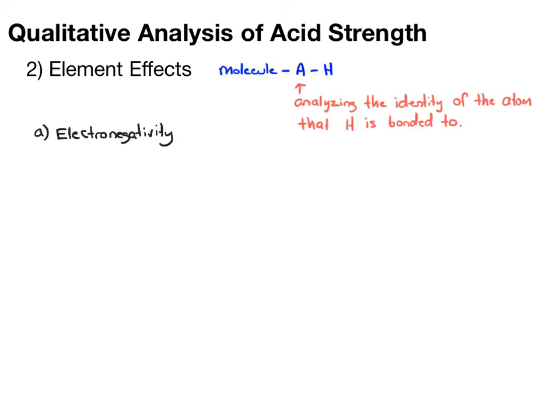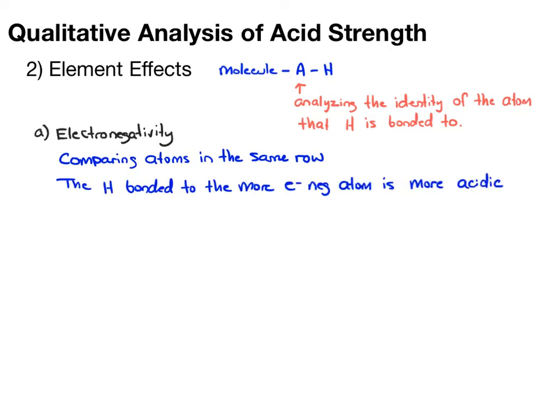When we're using the electronegativity effect, we're comparing atoms in the same row. What we find is that the hydrogen bonded to the more electronegative atom is more acidic. I'm going to highlight this to drive home the point: we're comparing atoms in the same row for electronegativity, not up and down on the periodic table.